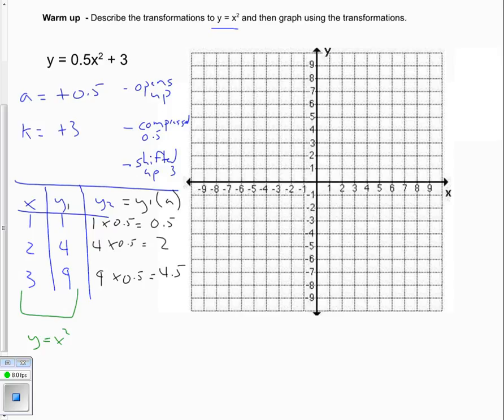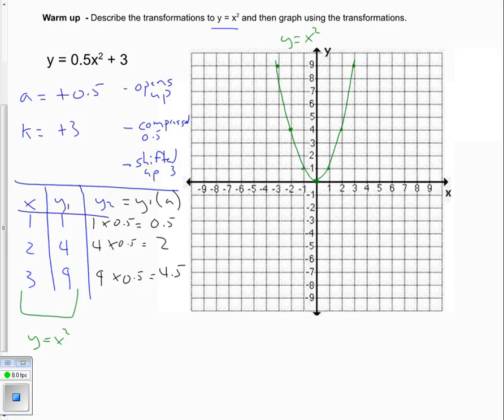Now if we go about graphing this, we'll graph the original y equals x squared first: over 1 up 1, over 2 up 4, over 3 up 9. This is our original parent form of the parabola, y equals x squared.